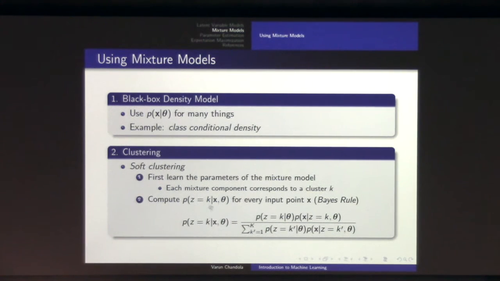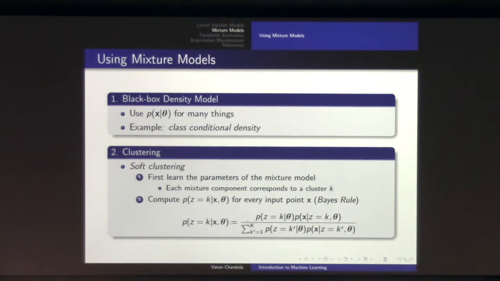The reason it is a soft clustering is because you are not assigning it to one cluster. You can have non-zero probabilities for everything, right? So remember the last discussion that we had for clustering was that k-means clustering is what we call hard clustering, which means that it assigns every point to exactly one cluster, which means that z equal to k will be 1 for one of the k's and 0 for everybody else.